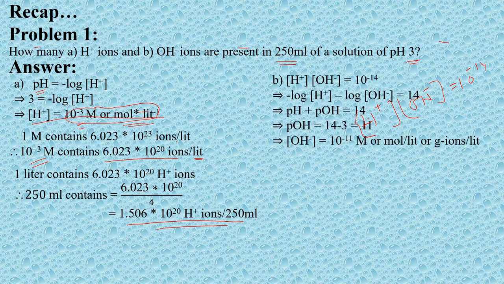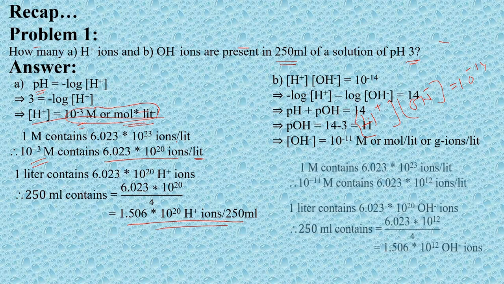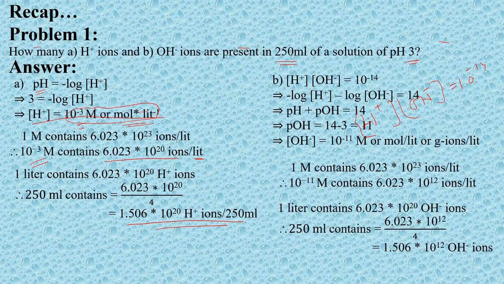We have already identified that OH minus concentration is equal to 10 to the power minus 11 molar. So we use that 1 mole contains 6.023 into 10 to the power 23 ions per liter, and from that we get the desired result.